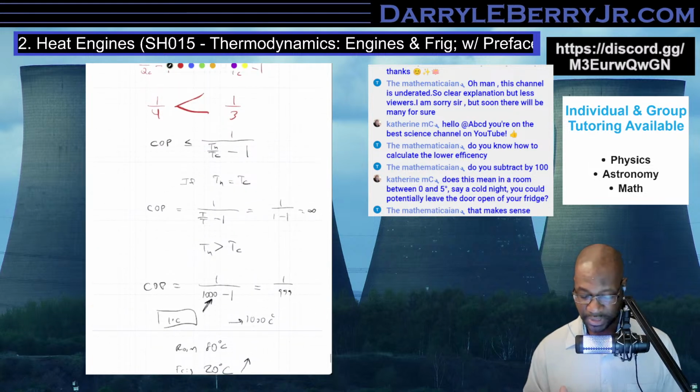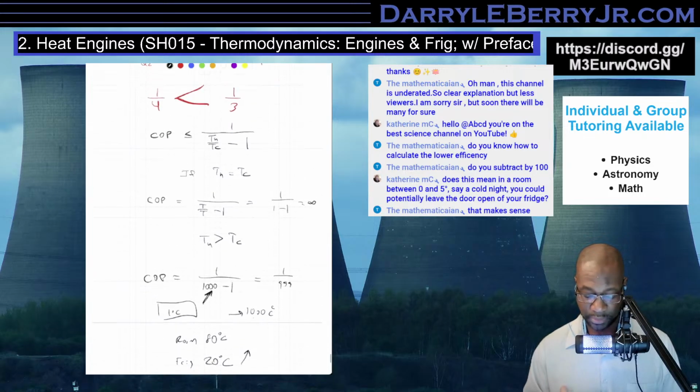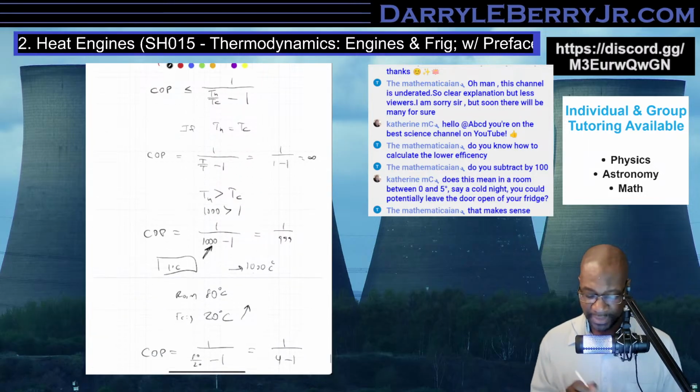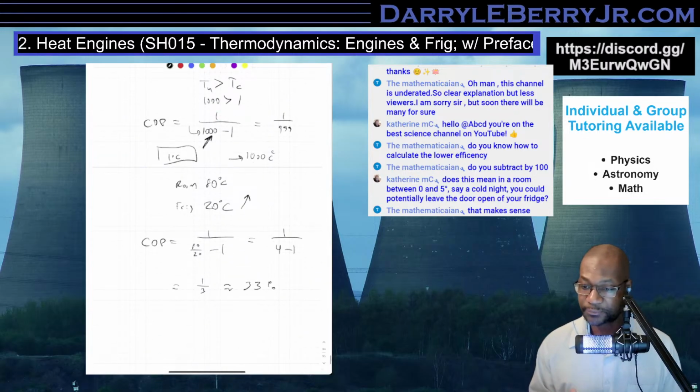I guess it's more accurate to say if the temperature was 1,000 times more. If that's what you meant right here. So if the temperature inside the room was 1,000 degrees and you wanted the temperature inside to be 100, like if you had 1,100, that would work if that's what you meant. And then I just plug this in here and got that calculation there.